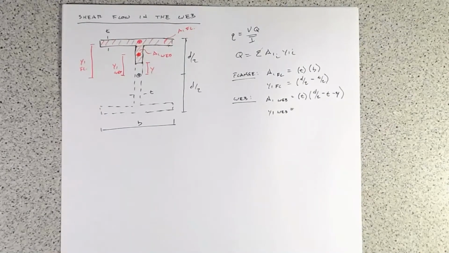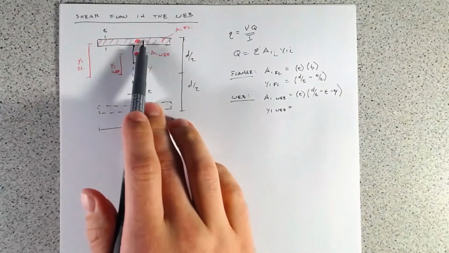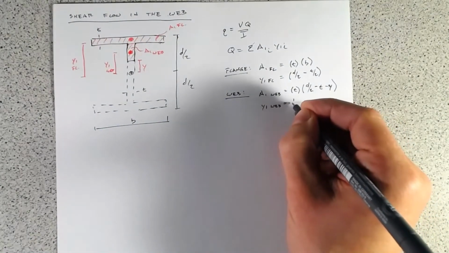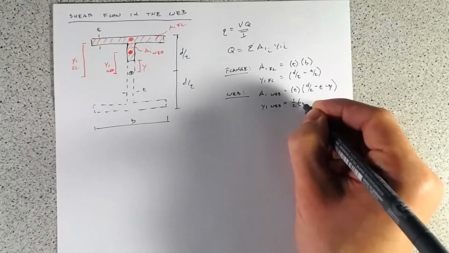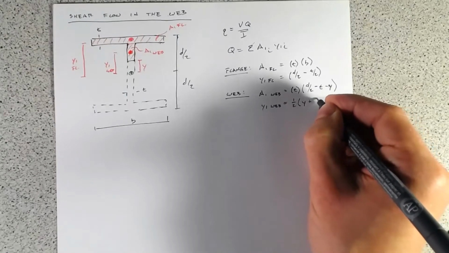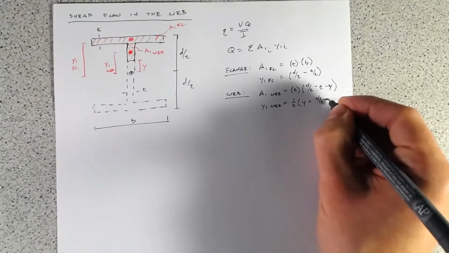Because it's halfway, that's the same as the average there. So let's just put that in. That's going to be 1 over 2 times y plus d over 2 minus t.